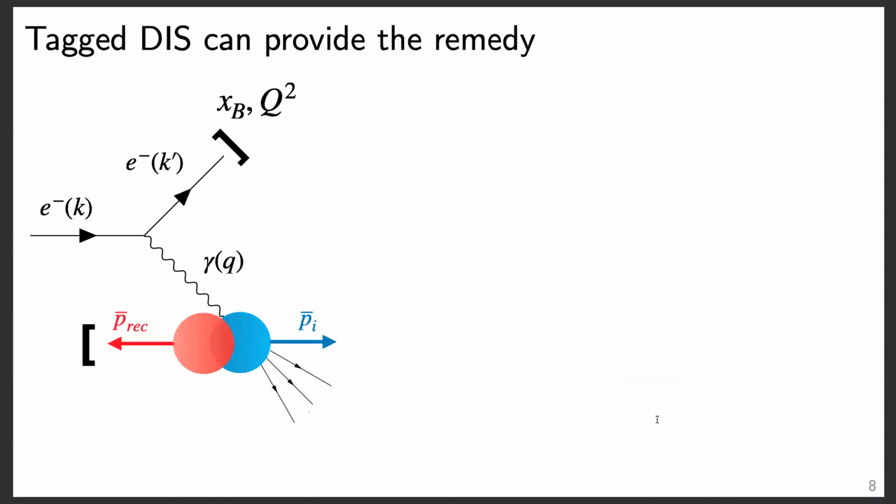So tagged DIS can actually provide the remedy to some of these problems. And so when I say tagged DIS, what I mean is that we're not only detecting the scattered electron, but we're also detecting a spectator nucleon, a nucleon that was in the nucleus, that was not the nucleon struck by this virtual photon, but that comes out of the nucleus after the interaction.